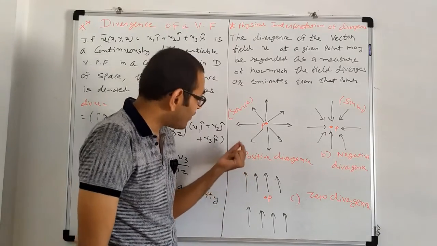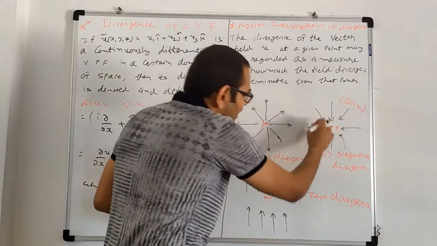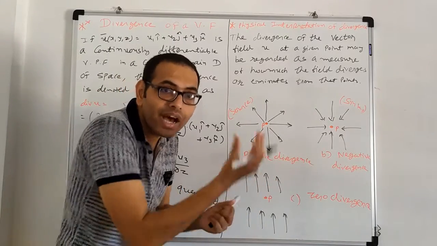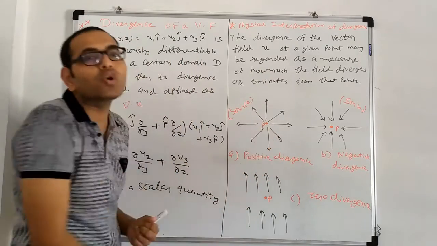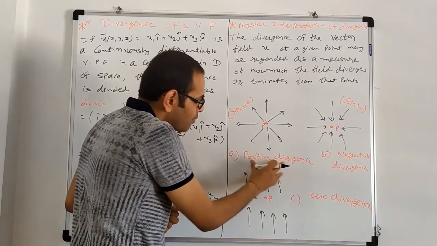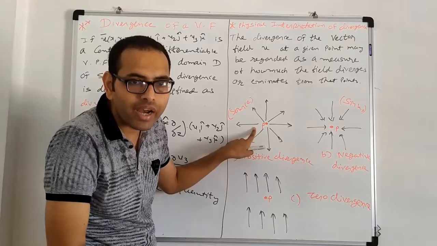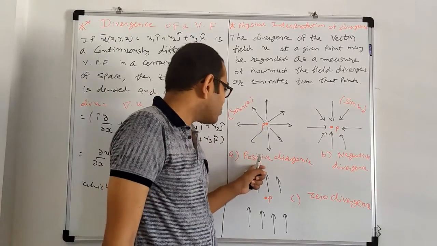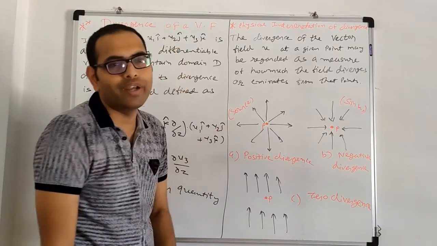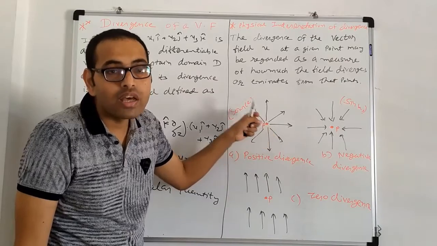In the first diagram, the arrows indicate vector fields spread out, away from that particular point P. Then we can say that our divergence is a positive divergence, meaning the vector field is spread out, and that particular point we call a source point.